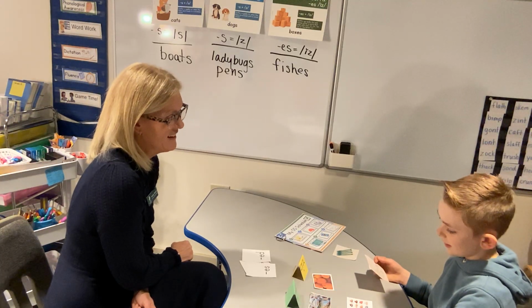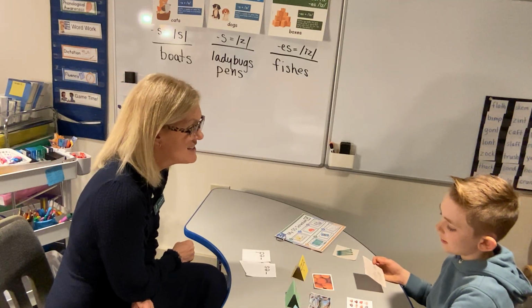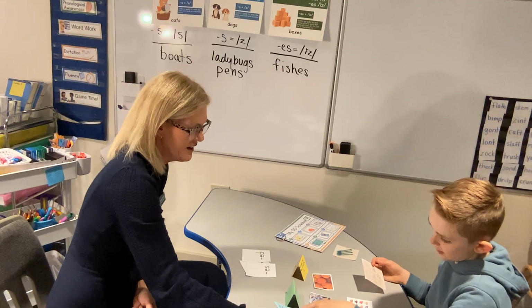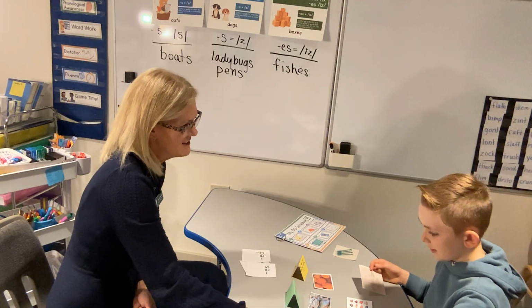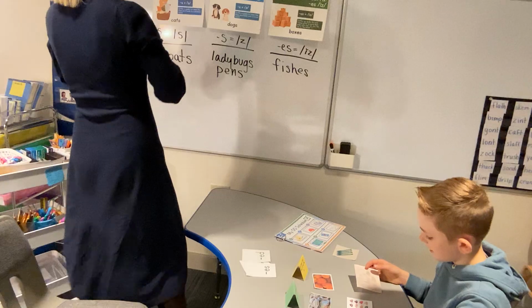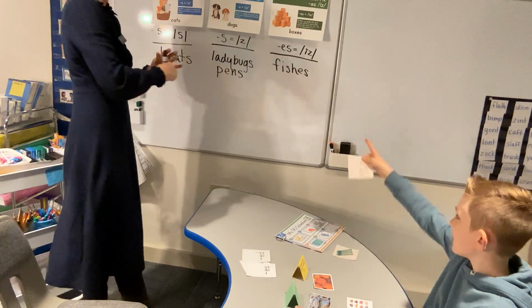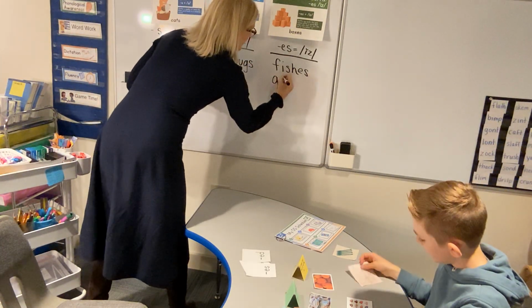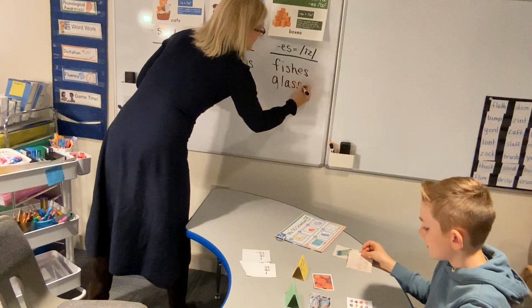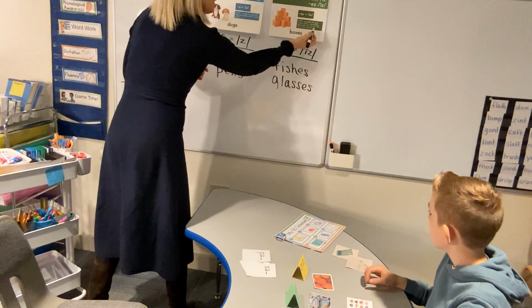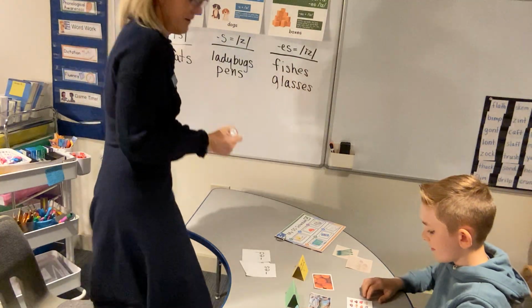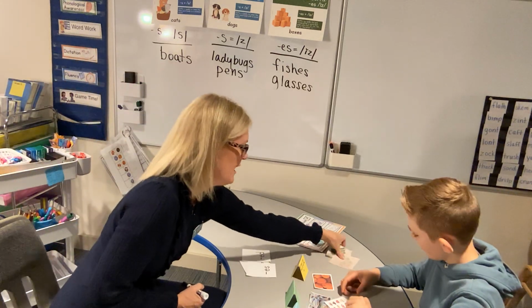Say it. Glasses. Do you hear the iz? Yeah? Okay. So I hear iz, but I write ES. So where am I going to write this one? Which column? Excellent. There. So we're going to write glasses. So remember, if it ends in an S, it's going to be iz. Okay, so you can put that one aside. How about another one?